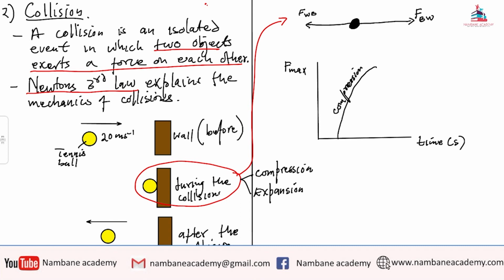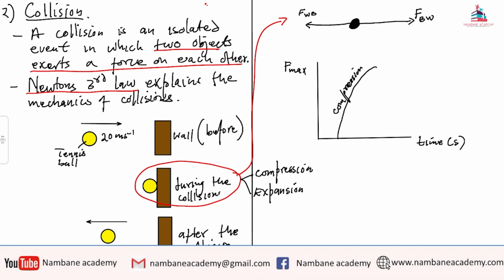Why compression? Because we have your maximum force being applied to this particular object. But the object is going to leave the wall. So the wall will not be exerting that same amount of force. Why? Because now the object will be expanding and moving away from the wall.